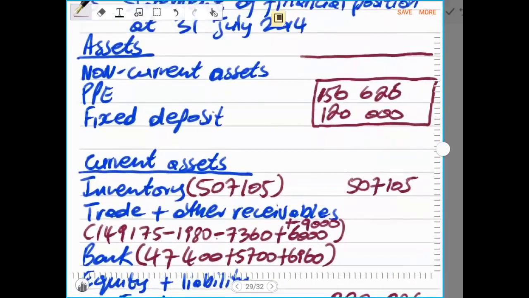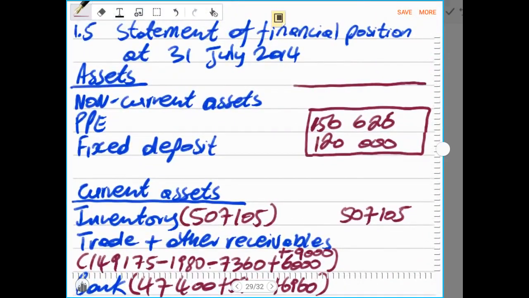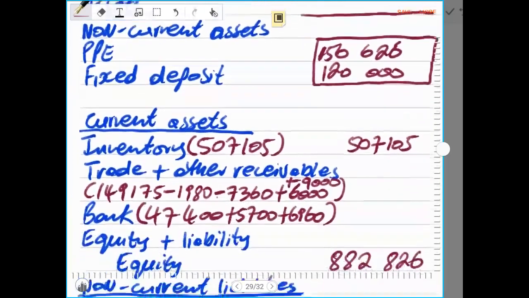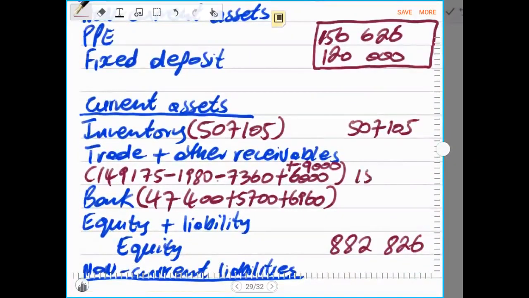We have recorded that part. Therefore, now we have to account for the total trade and other receivables, and our trade and other receivables are 154,835.